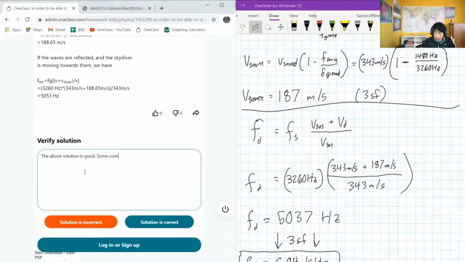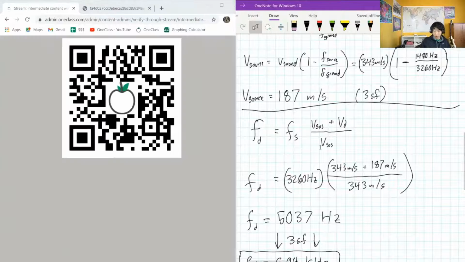Some concerns about rounding, but otherwise the answer is good. Cool.